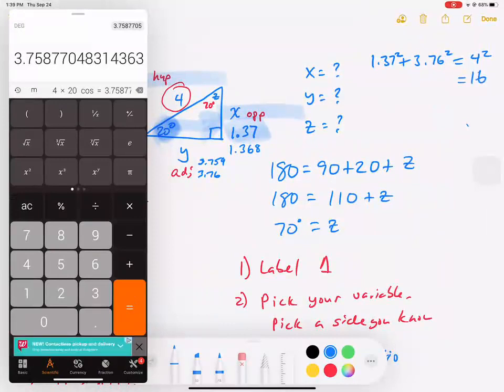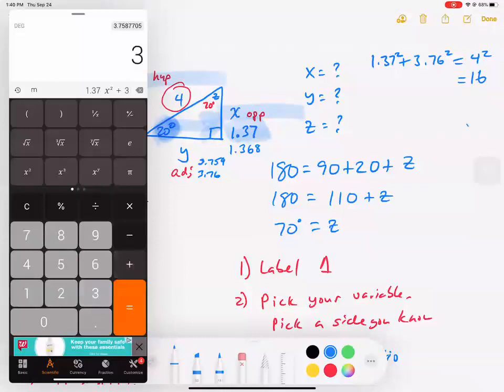That's our goal. Are we going to get to 16? 1.37 squared plus 3.76 squared. Hey, that's pretty close, right? So this is one way we could double check to make sure that we have the correct answers.